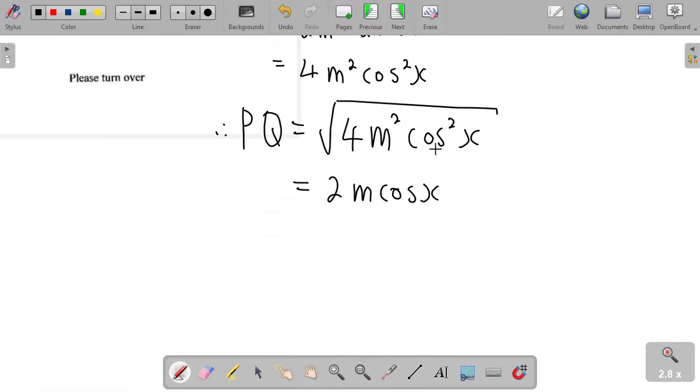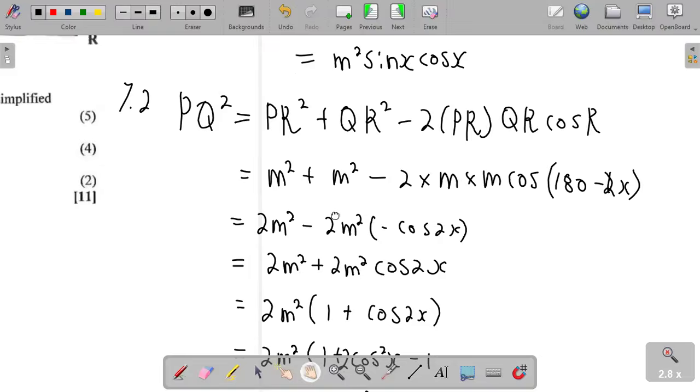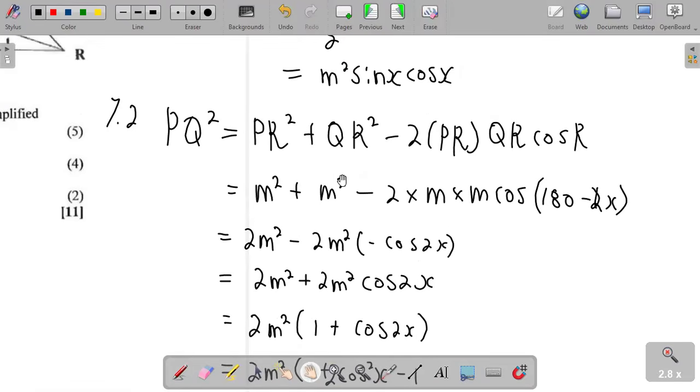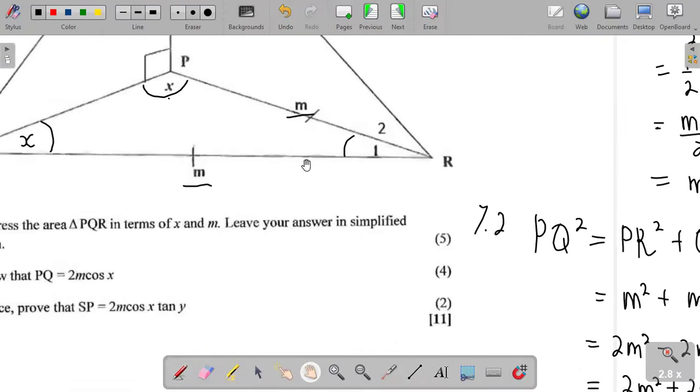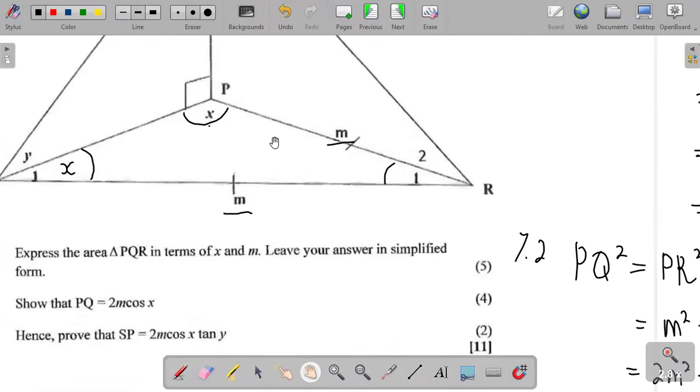So this is how you show it. We used the cosine rule here because the triangle on the plane is isosceles, but it's not a right angle. So that's why we used that.